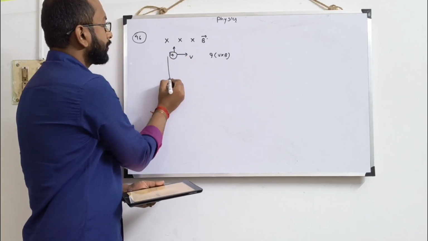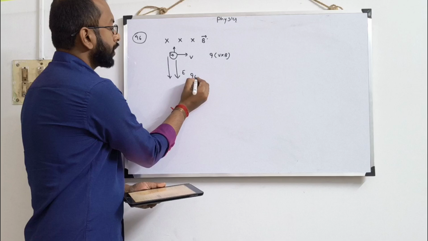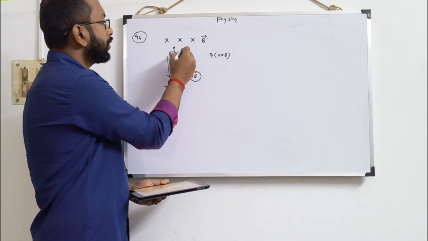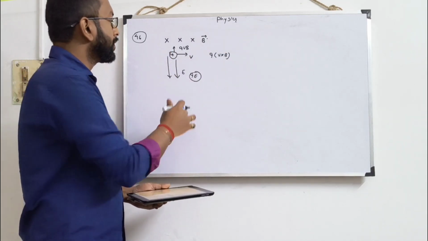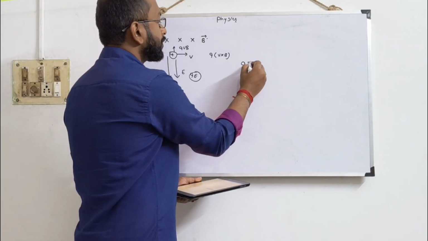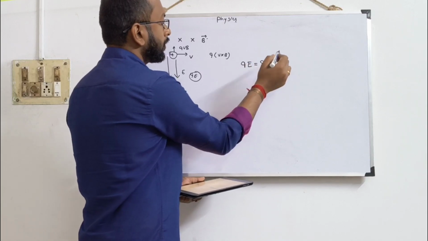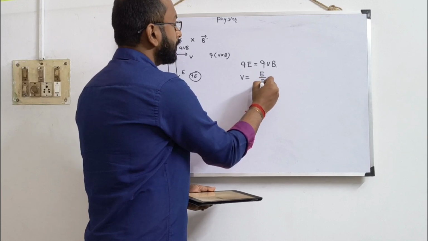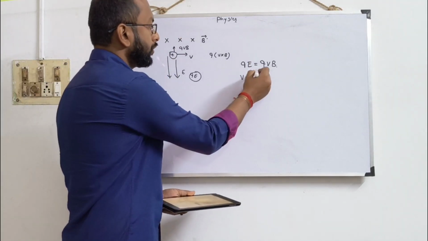So if there is electric field in this direction, there will be electrostatic force qE acting in this direction, and magnetic force will be q into v cross B, so this is becoming qvB. Undeflected means the magnetic force will be equal to the electrostatic force. Then the value of v will be equal to E by B, and we do not know the value of B. We have to find out the value of E.